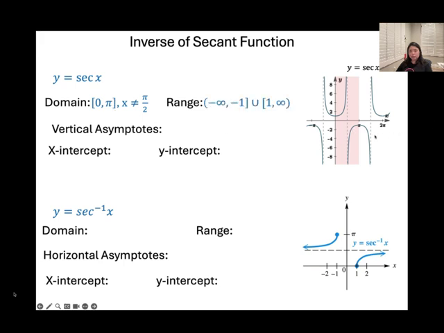Range is from negative infinity to negative 1, and then starting from 1 to positive infinity. Vertical asymptote, x equal to pi over 2. We don't have x-intercept. Y-intercept, that will be 0 and 1. Okay, only this point, y-intercept.